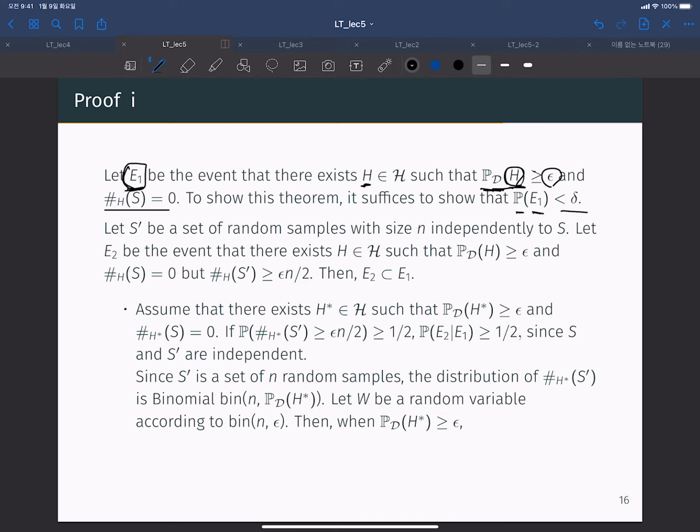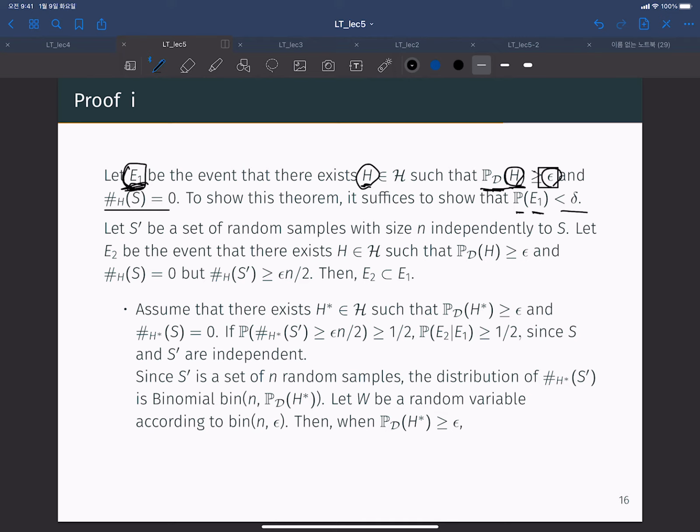Because the E1 event is the error we want to analyze. The E1 event means there exists a hypothesis that has error probability more than epsilon.